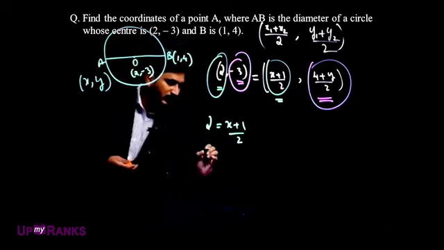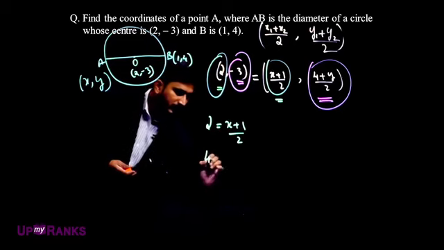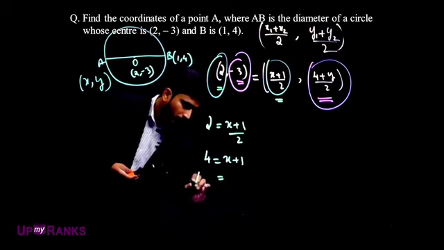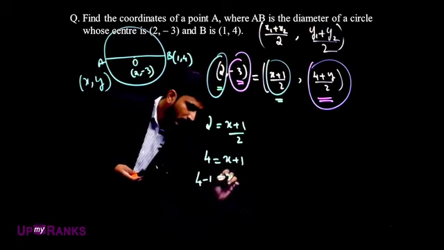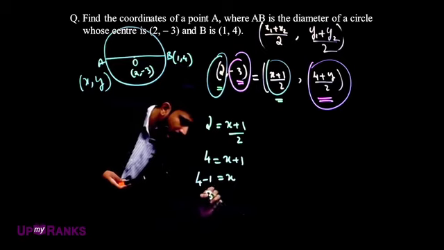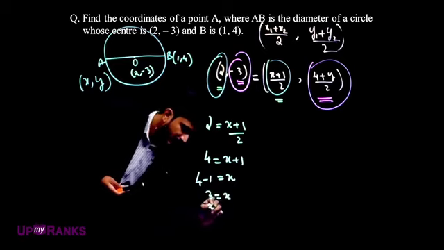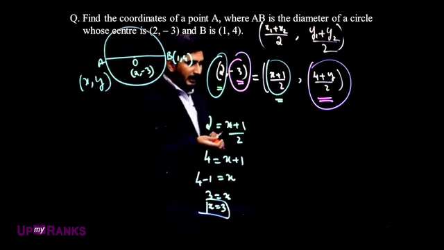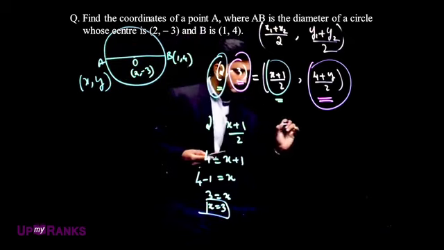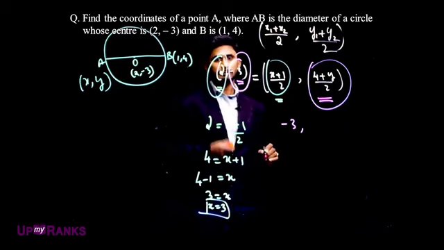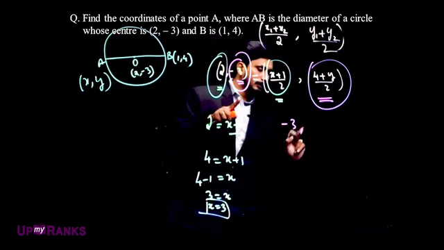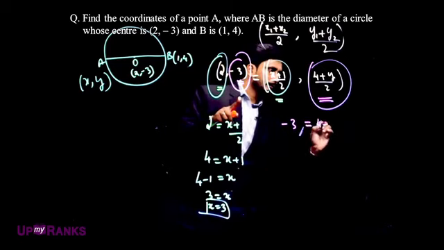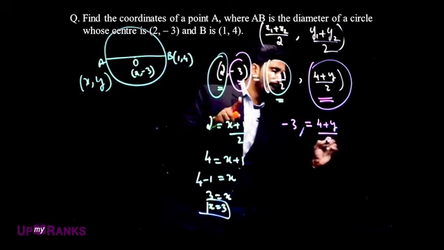So from 2 is equal to x plus 1 divided by 2, I cross multiply: 2 into 2, which is 4, is equal to x plus 1. Therefore 4 minus 1 is equal to x, which means x is equal to 3. Similarly, minus 3 is equal to 4 plus y whole divided by 2.